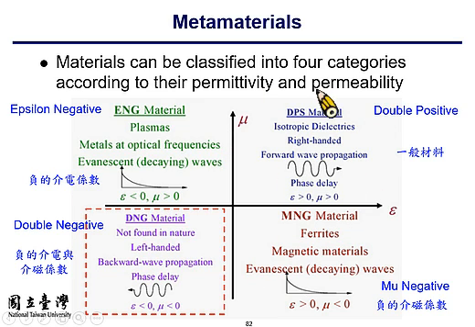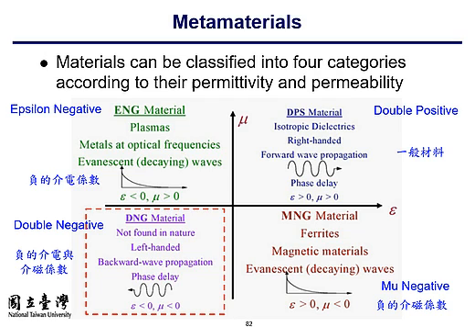So let's just go through this slide. The first quadrant is the so-called double positive material. This is the description for ordinary material. That is, you have permittivity greater than 0 and permeability greater than 0. So it's also referred to as right-hand material, which means that for wave propagation in this kind of material, the E field direction, H field direction, and propagating direction follow the right-hand rule.